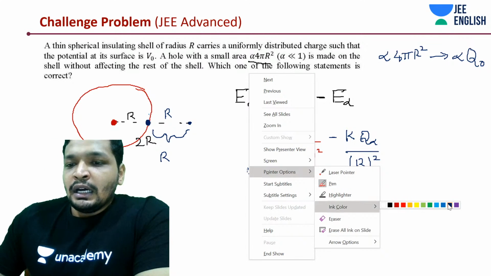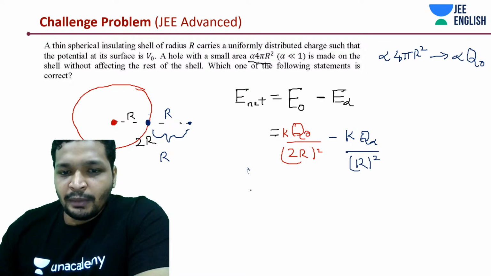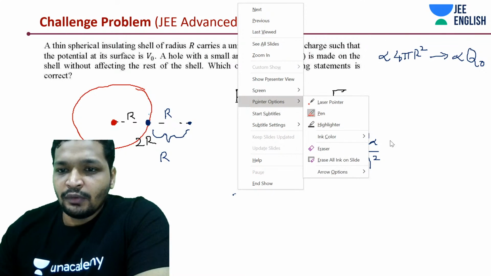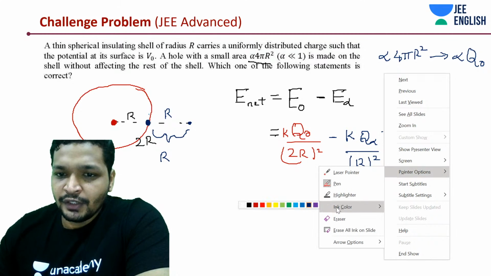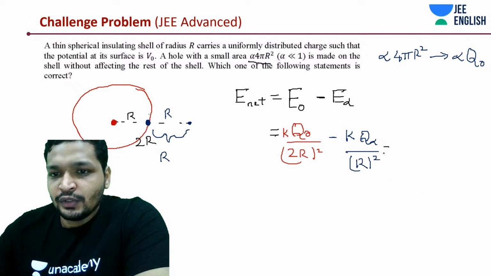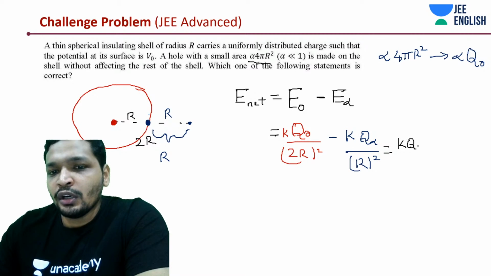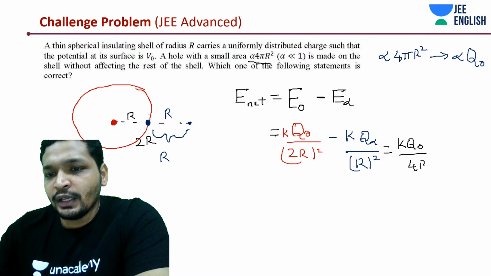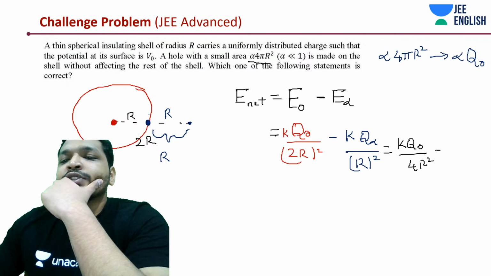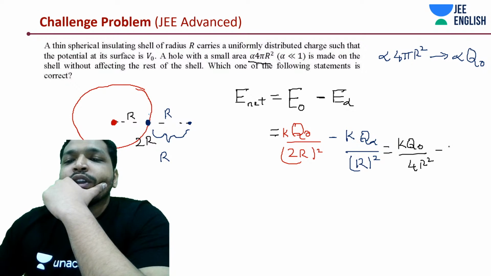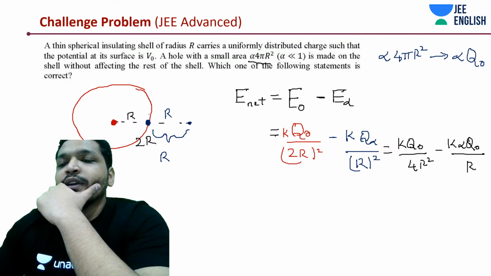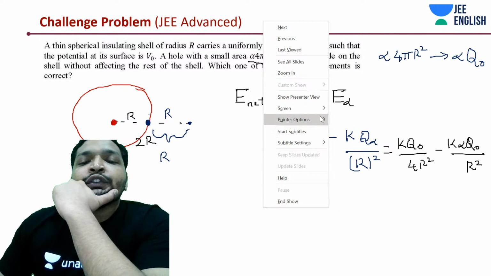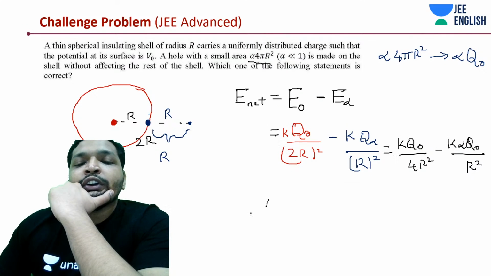Right, and how would you write this? We are going to simplify this. Before we simplify, let's write down this thing again. It's going to be KQ naught by 4R square minus K into alpha Q naught by R square. You have to represent everything in V naught terms.